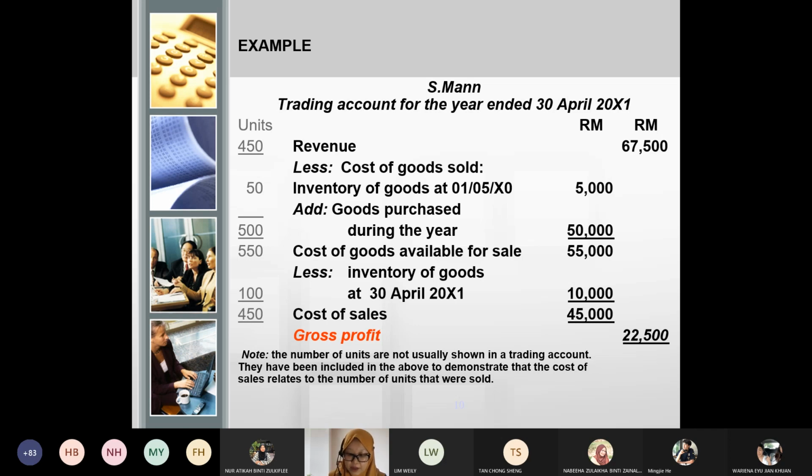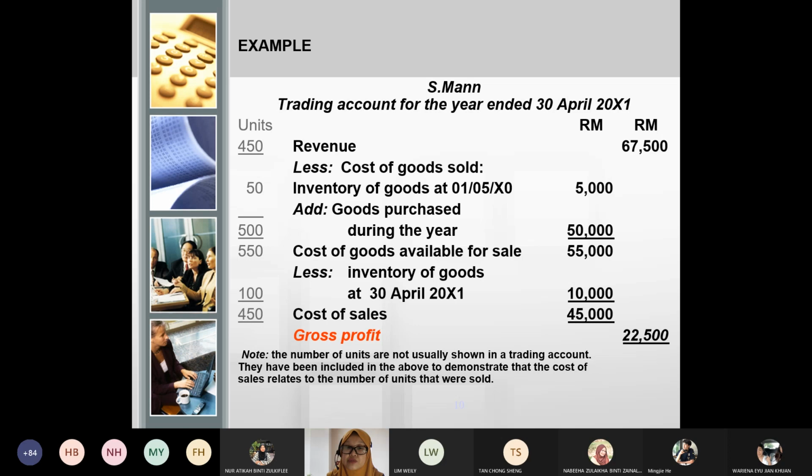And then we minus ending inventory, which is inventory at 30th April. Inventory at 30th April is 100 units at cost, 100 multiply 100 ringgit, so that will be 10,000. So 55,000 minus 10,000, we have the cost of sales of 45,000.